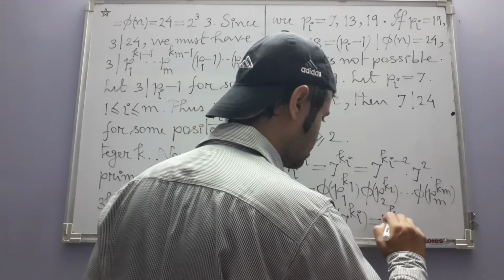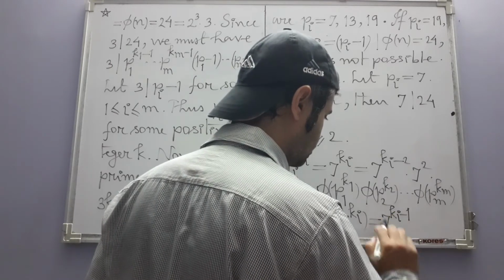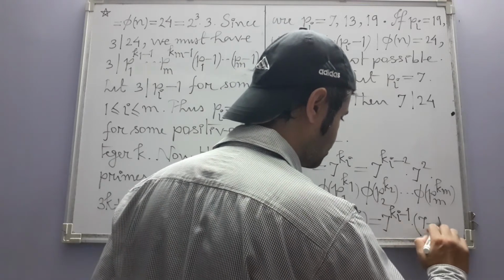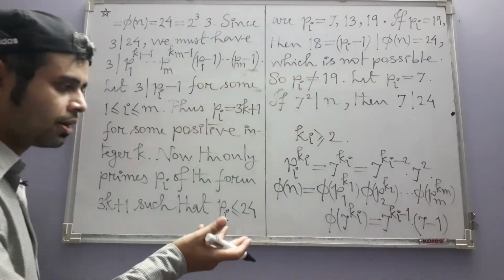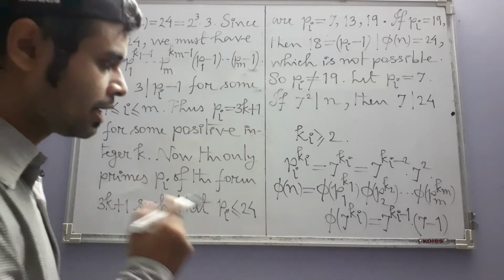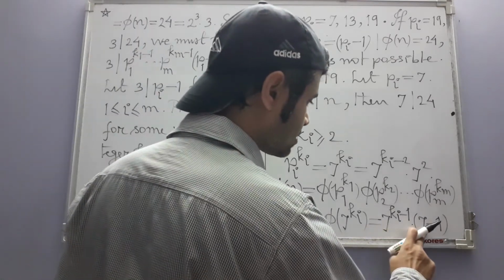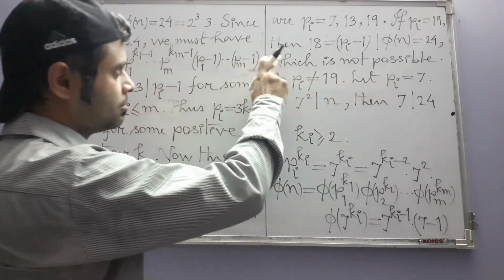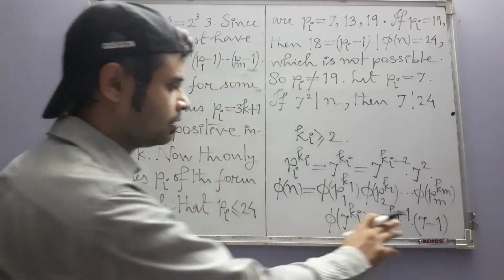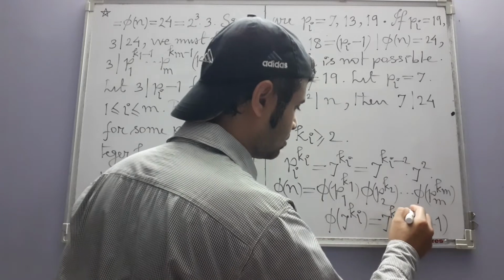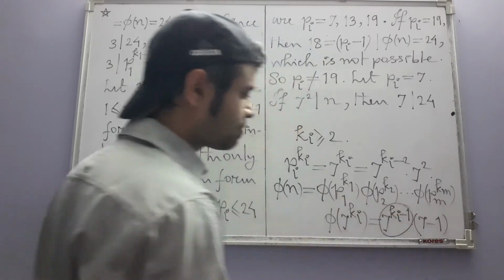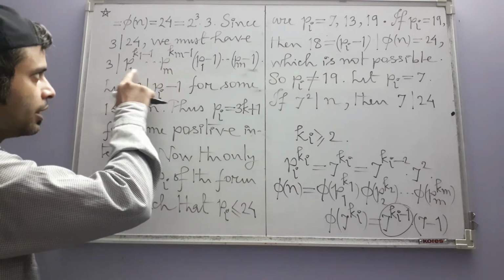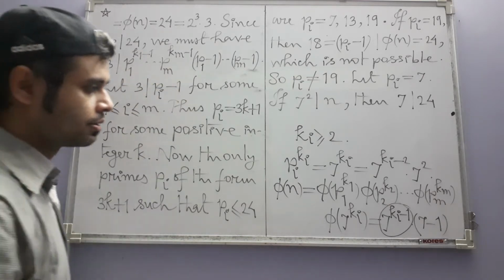This equals 7 to the power ki minus 1 times 7 minus 1 according to the formula for the phi value of the prime power. Now 7 minus 1 is 6, and that 6 in fact is the 6 which divides 24, so that thing is here. But simultaneously we have this factor also which appears here in this region of the product.